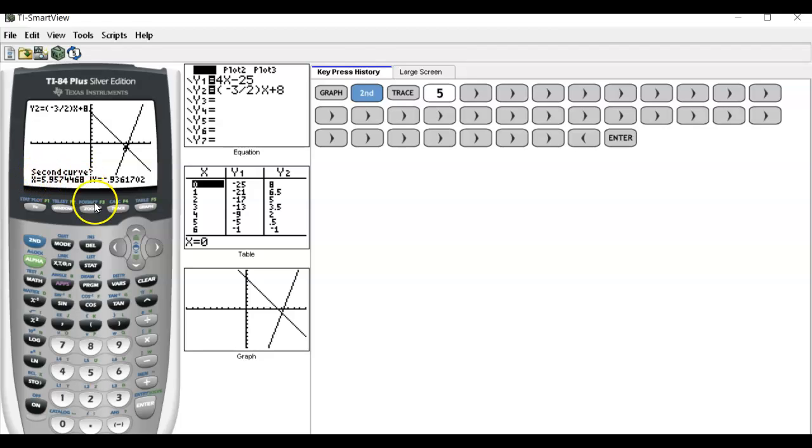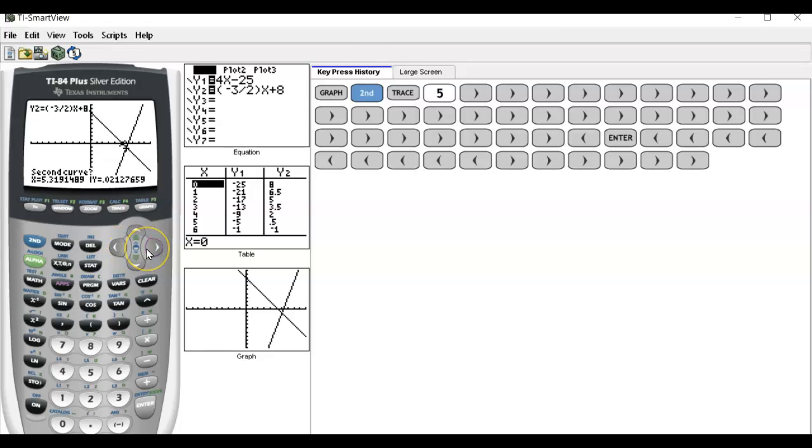Now we're looking at the second curve. So if I go left, now it's going up, right? If I go right, it's decreasing. So I get my cursor as close as I can get it. Good, now I want to hit enter once I have it there.